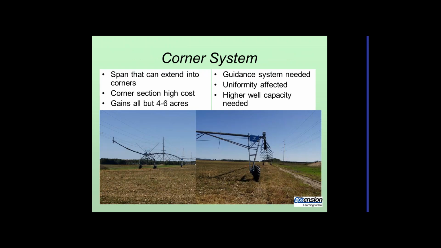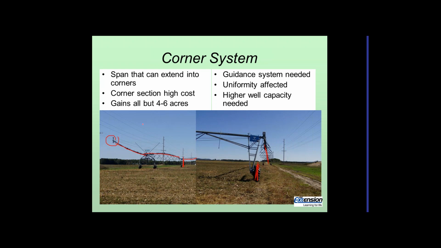So here's what they look like. On the right here, this is the end tower for the straight part of the system, and this is the corner part of the system. Again, this is the end tower for the straight part of the system going this way, and this is the corner system with an overhang on here and an end gun out here.